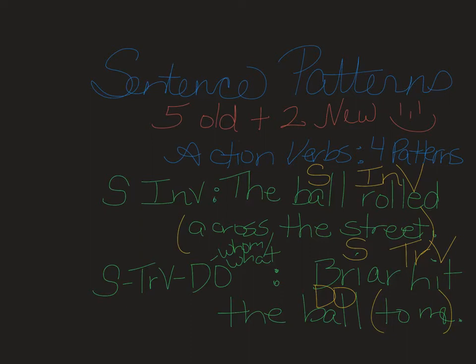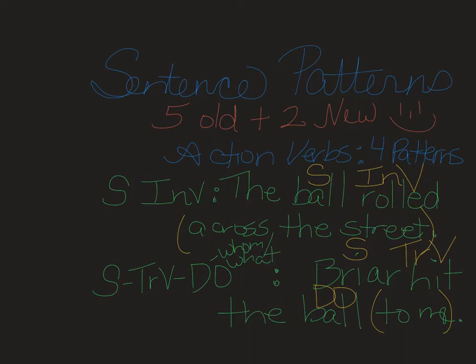So if you have SIMV, what you have effectively is a subject with an action verb, and then that action verb is followed by an adverb or perhaps an adverbial prepositional phrase, but there is no noun that receives the action of that verb, where the action is transferred from the verb to the direct object. There is no direct object. So therefore we have SIMV.